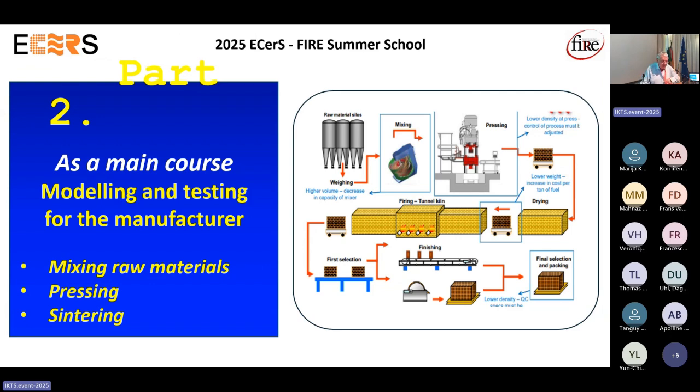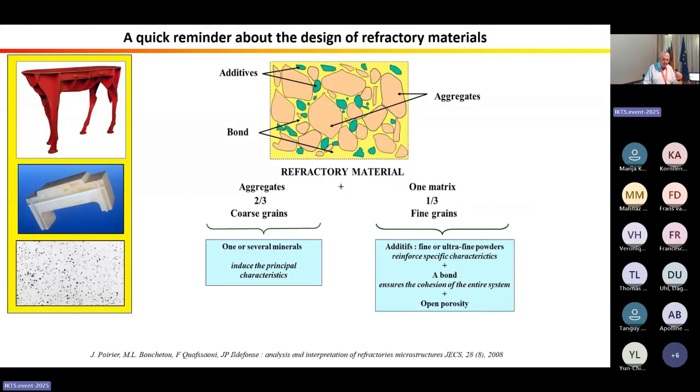Now, as the second part of my lecture, I propose to you modeling and testing for the manufacturer: mixing raw material, pressing, and sintering. Just a quick reminder about the design of refractory materials. A refractory material is composed of aggregates and a matrix. The aggregates are composed of coarse grains, made of several minerals which induce the principal characteristics of the refractories.